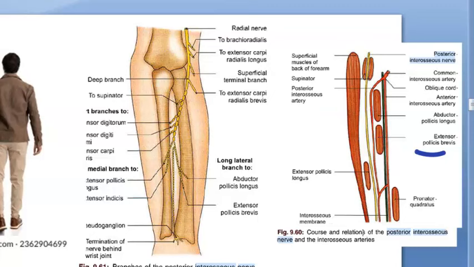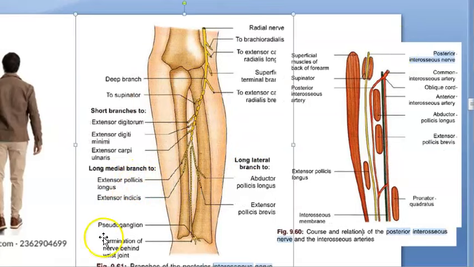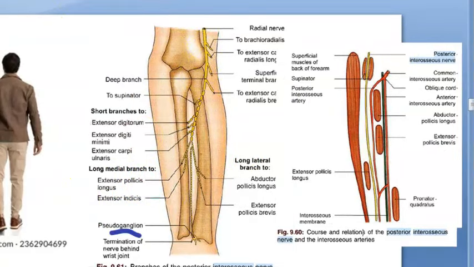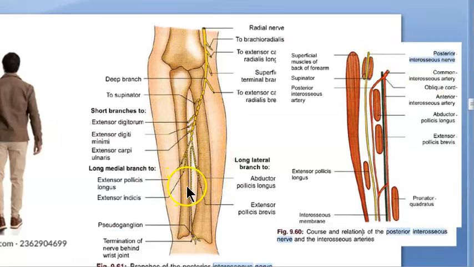It runs on the posterior surface of the interosseous membrane up to the wrist, where it emerges as a pseudoganglion, which we have mentioned. Here they have shown the pseudoganglion, and it ends up supplying the wrist and the intercarpal joints, which we have already told you in the articular branches.